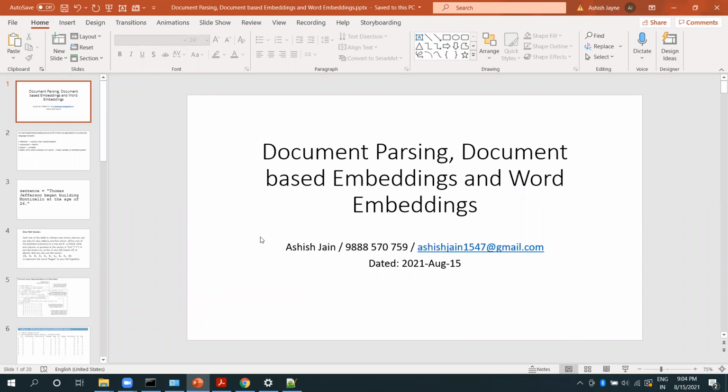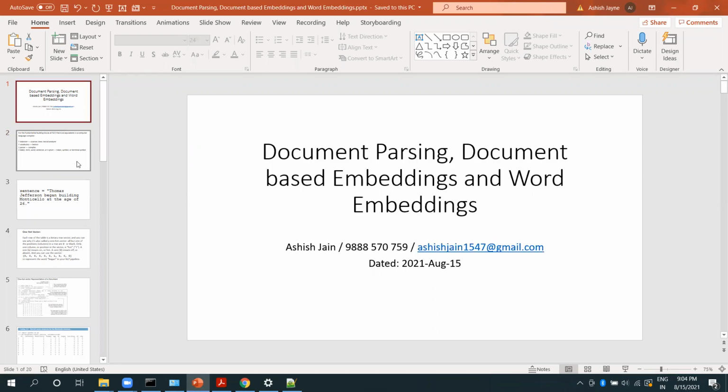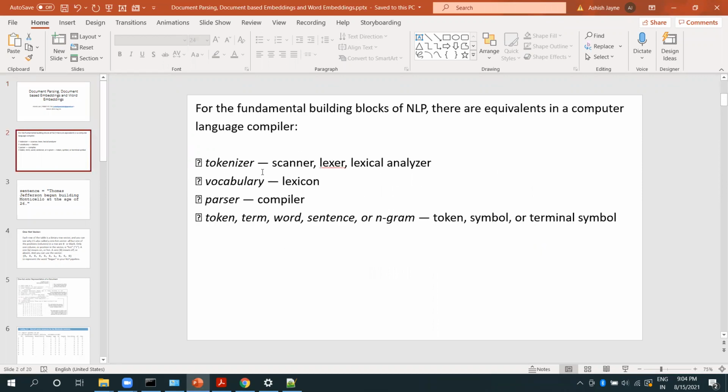You could develop any kind of application with it, such as a sentiment analyzer, a chatbot, text summarization, or a news reader app. All of this starts with one thing: you have to understand the process of natural language processing and the steps involved in it. And document parsing is the first step in it.